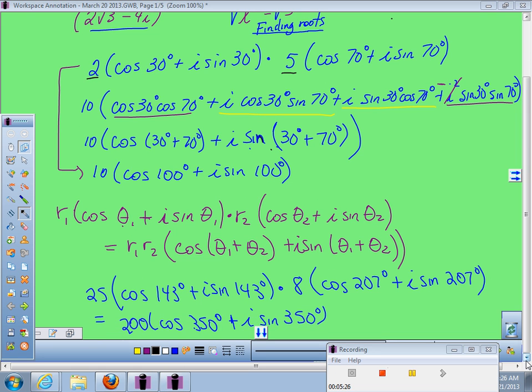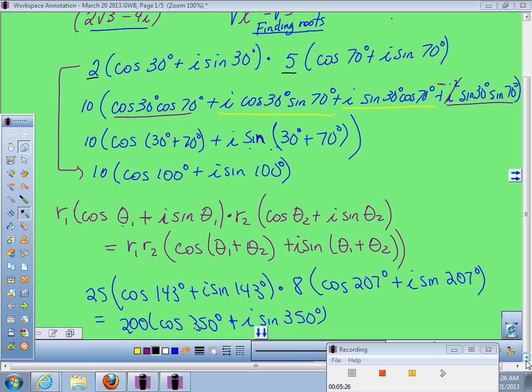Okay, this last problem I have down here was just an example of us actually doing a problem now that we know the shortcut to multiplying. So I had 25 times the cosine 143 plus I sine 143 times 8 cosine of 207 plus I sine of 207 degrees. All I needed to do to multiply those is multiply the r's out front.